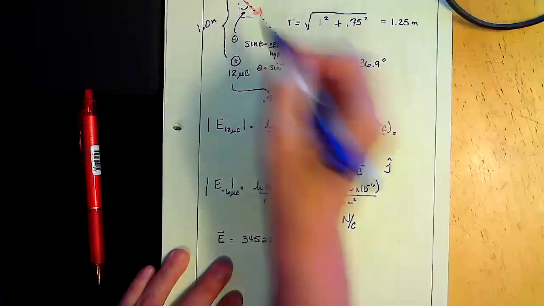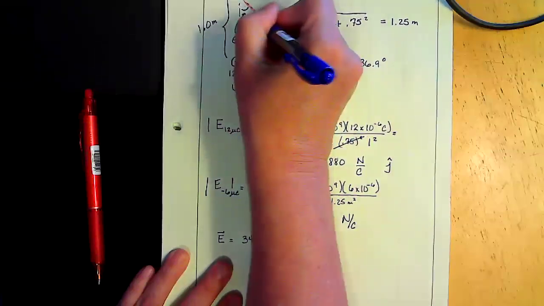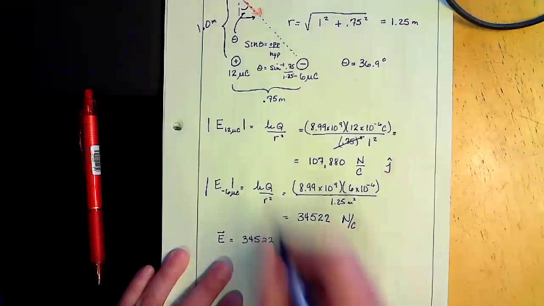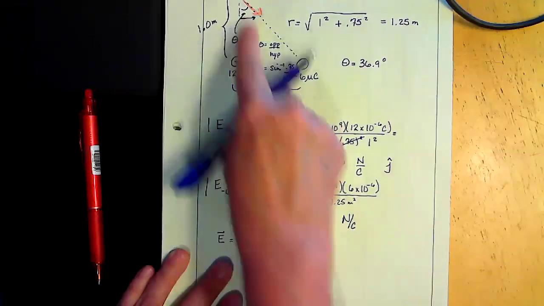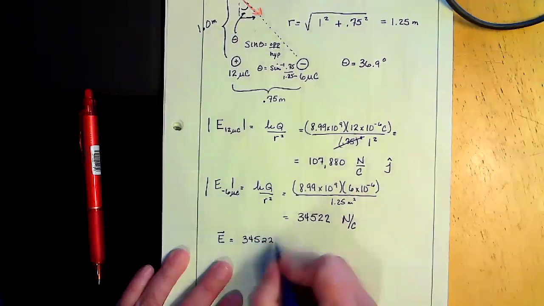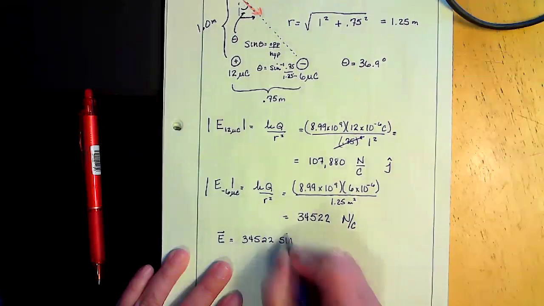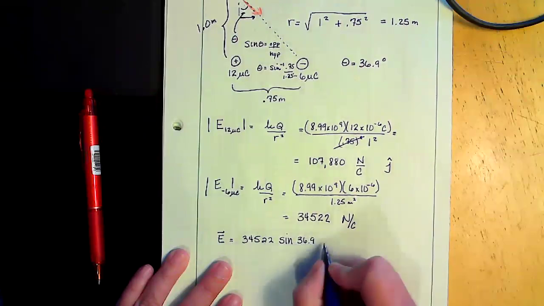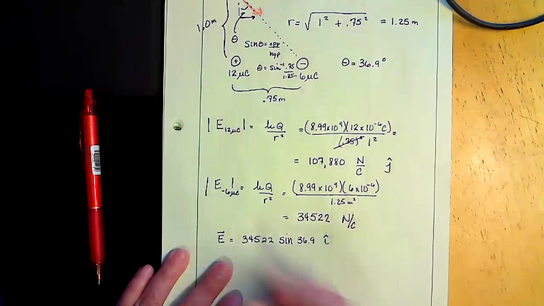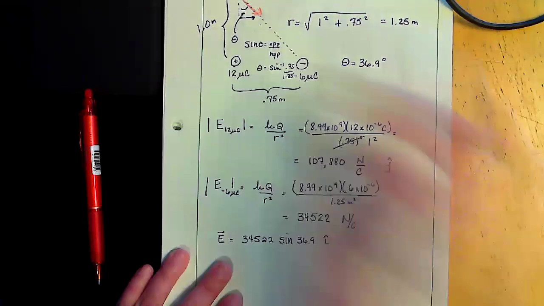So for this electric field, my electric field is equal to 34522, and I want the x component. Looking at the angle that I figured out, I need that to be the sine of the angle. So that's the sine of 36.9, in the I direction, and it's positive.